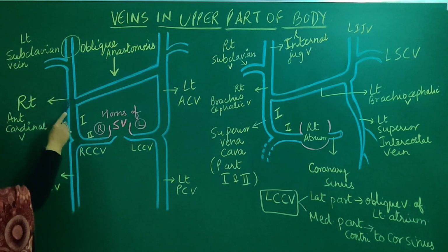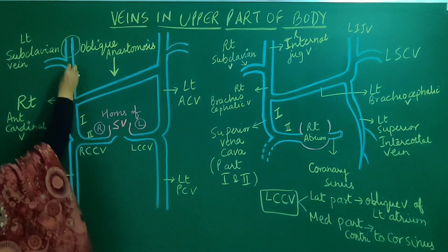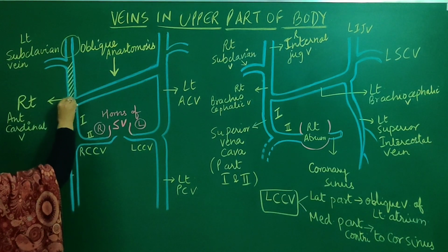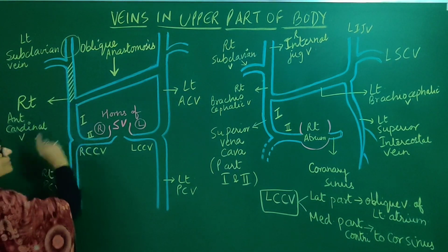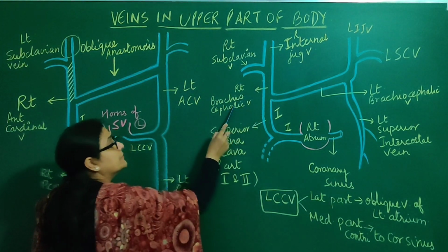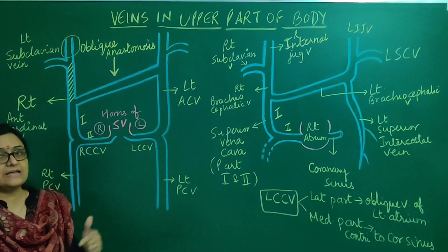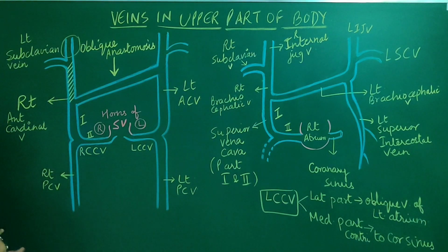The right anterior cardinal vein, between the attachment of subclavian vein and the oblique anastomosis, this area will develop into the right brachiocephalic vein.